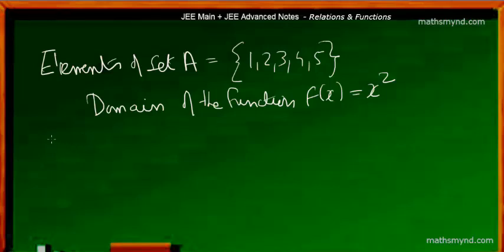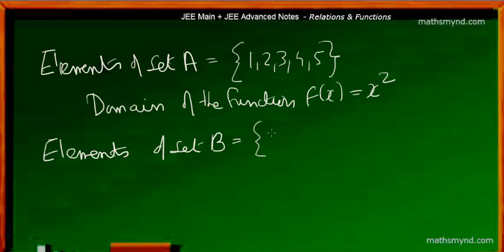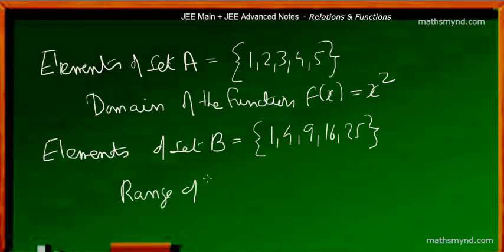And what about elements of set B? Now, if you look at elements of set B, in this particular case we have 1, 4, 9, 16, and 25. That would be forming the range of the function.